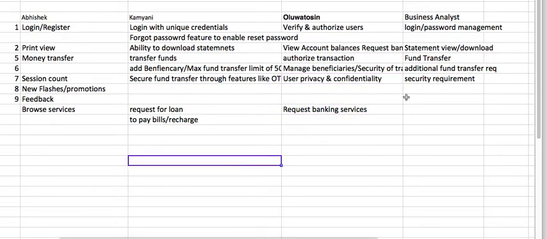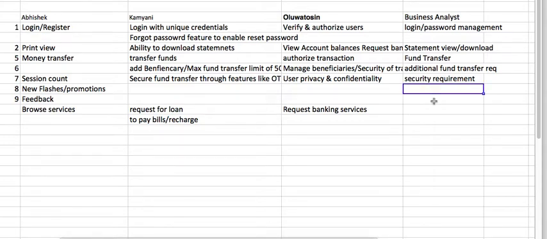And then next comes the promotion, then there is a loan, loan request, then you have bill payment. Let's take it as a bill payment. Okay, all right, so this is what we have covered.